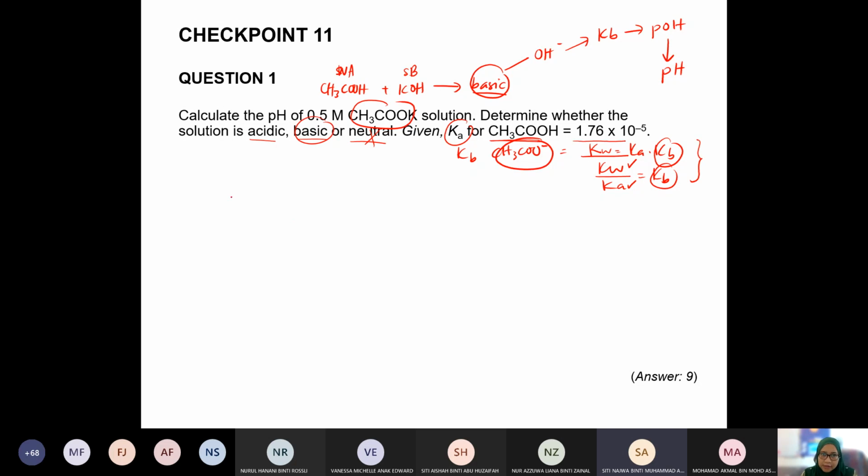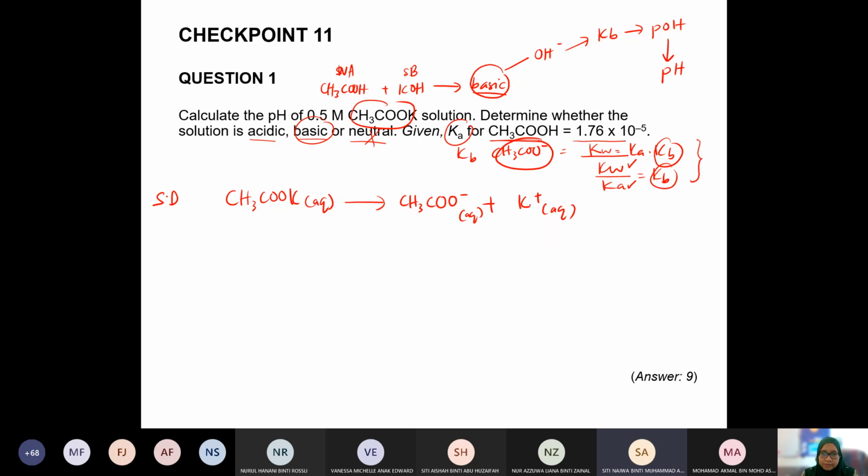Okay, let's start with the salt dissociation first. CH3COOK aqueous undergoes salt dissociation, producing the components of the salt: CH3COO minus aqueous and K plus.